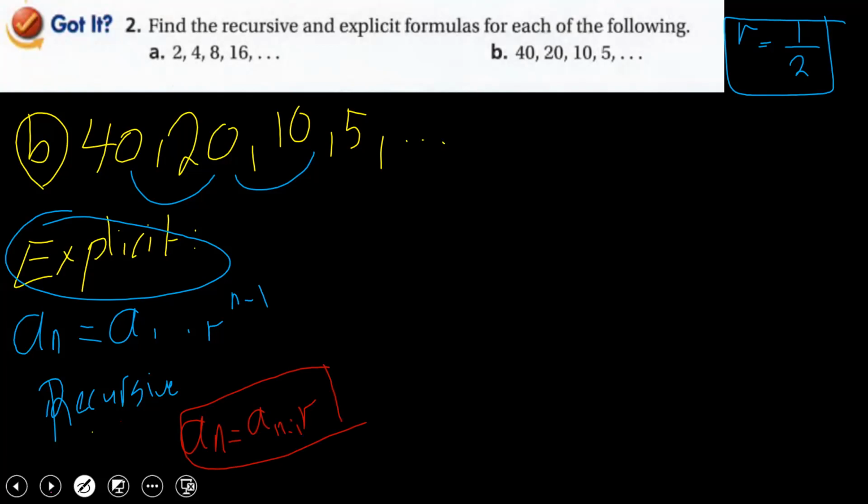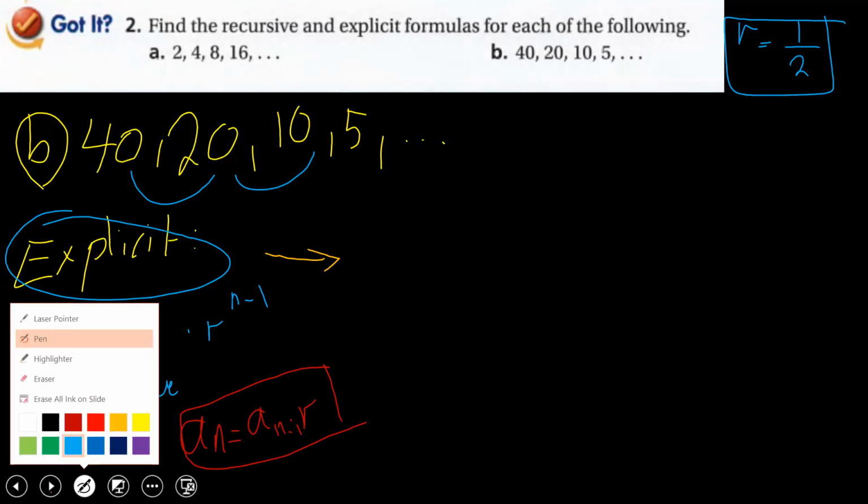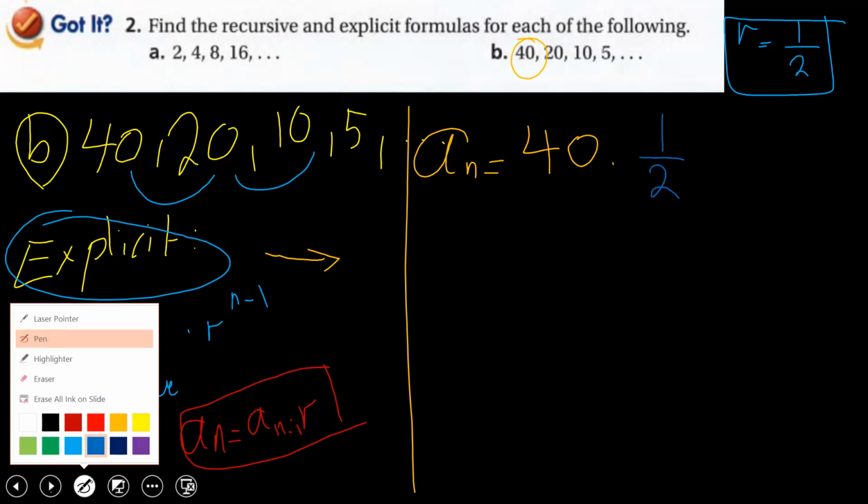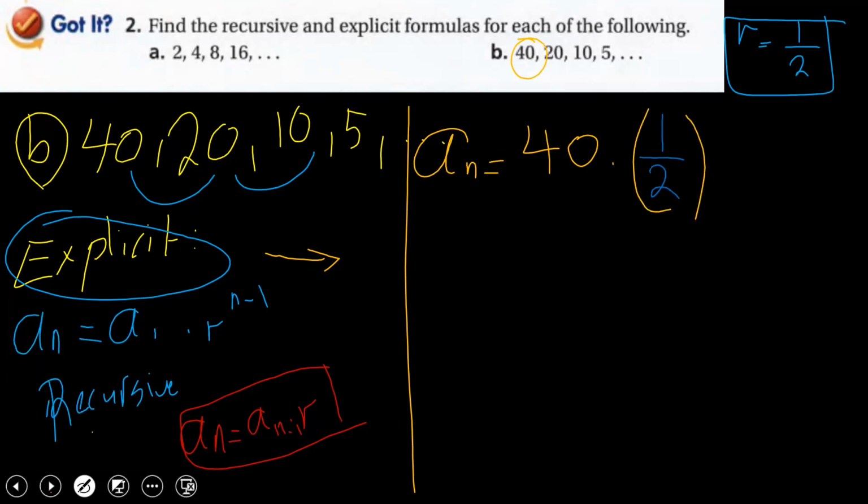Let's find now the explicit. For the explicit, I will say A sub n is A sub 1, which is the first term. It is 40 times R, where R is half. This half is raised to the power n minus 1.